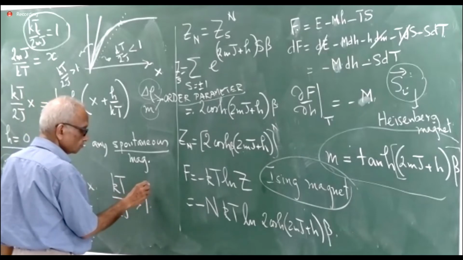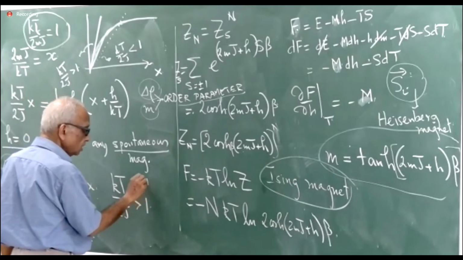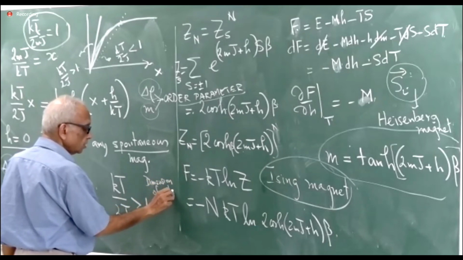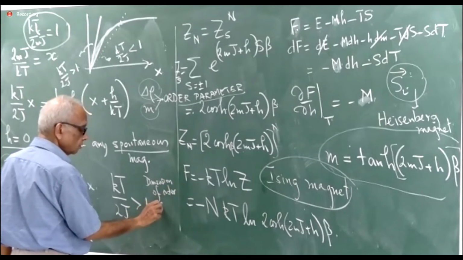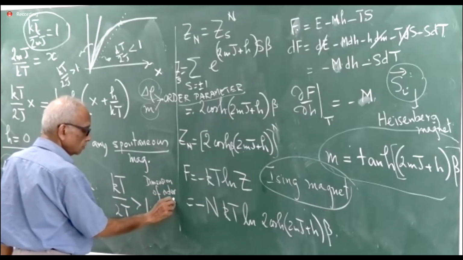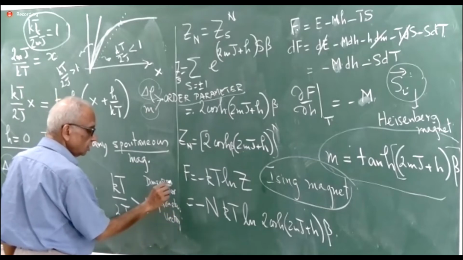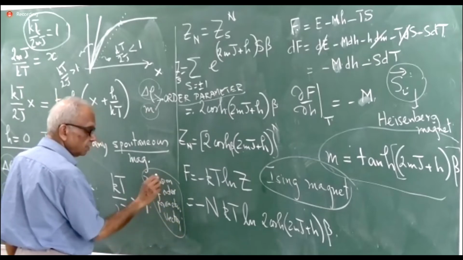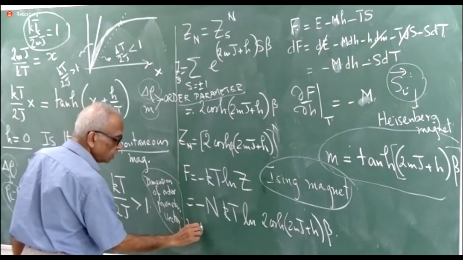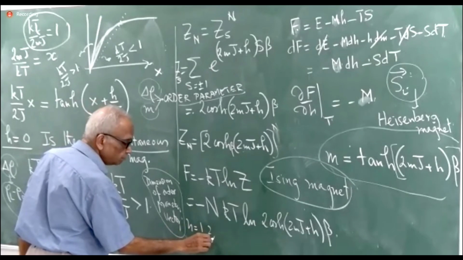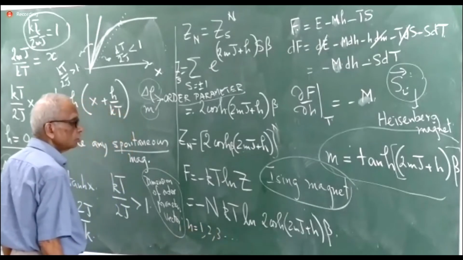The dimension of the order parameter vector is generally denoted by n, and it can be 1, 2, 3, and so on.